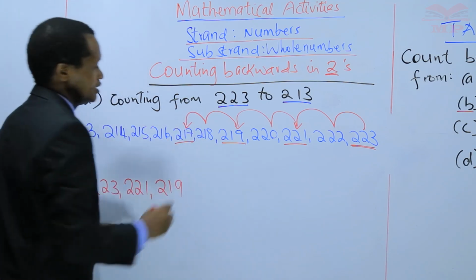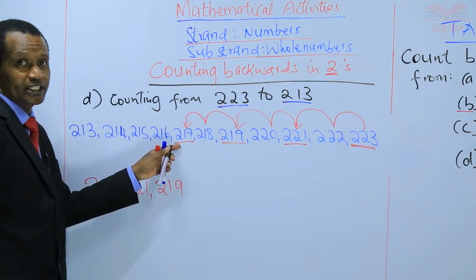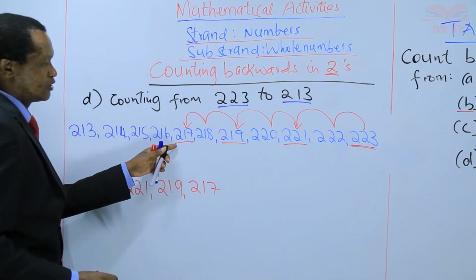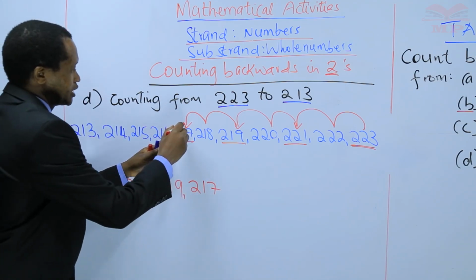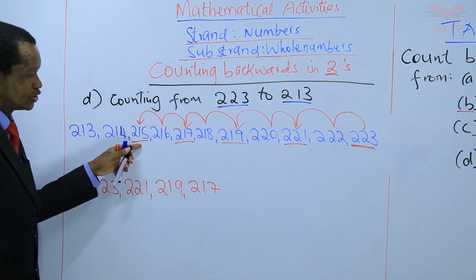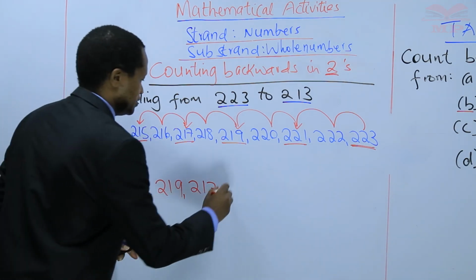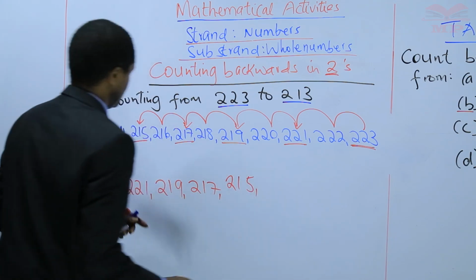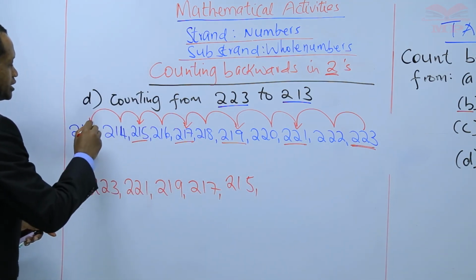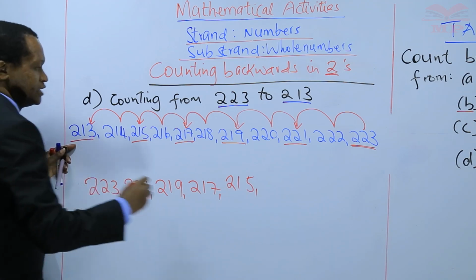This number is 217. Going back again, learners, 2 times. 1, 2. This number is 215. Then lastly, 1, 2. The last number is 213.